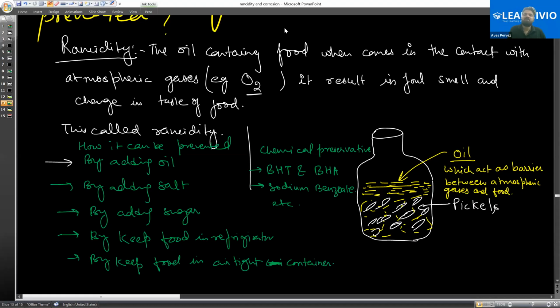And there are some chemical preservatives also, BHT and BHA, which are butylated hydroxytoluene and butylated hydroxyanisole. There is no need to learn the full form, only write BHT and BHA, and sodium benzoate, etc. are the chemicals used as preservatives. Like juices and food cans, so that they do not corrode, they are packed and their shelf life can be increased by adding chemical preservatives.